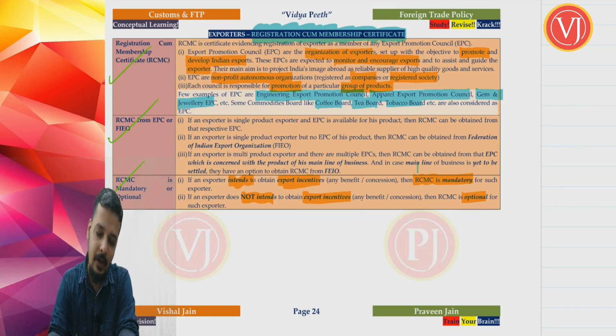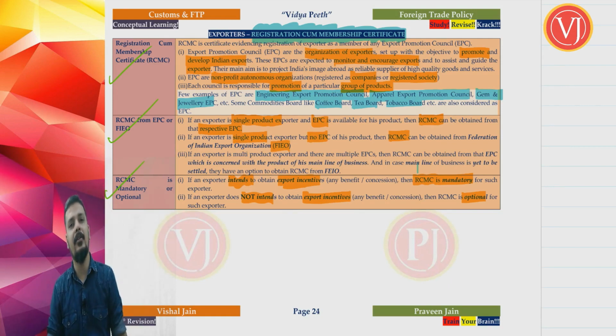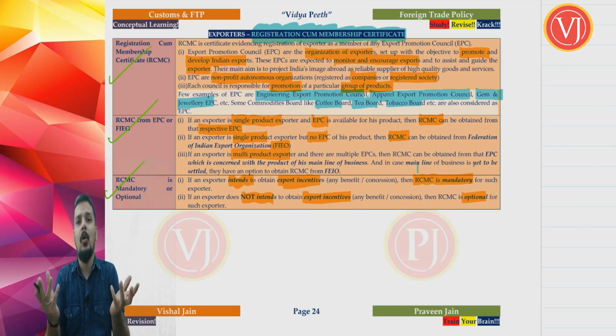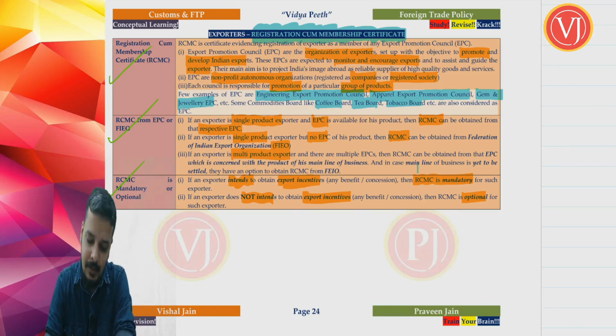If you are an exporter dealing with a single product and that particular EPC is available, you have an Export Promotion Council, apply for RCMC from that EPC. If you are dealing with a single product but there is no EPC, apply for RCMC from your FIO, Federation of Indian Exporters Organization. If you are dealing with multiple products, two or more, and there are multiple EPCs, then RCMC will be obtained from that EPC which is more directly concerned with your main line of business.